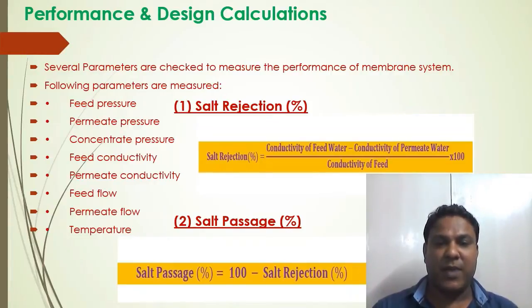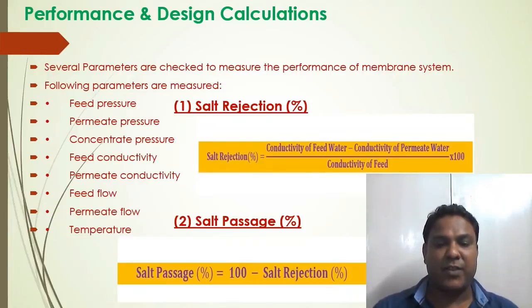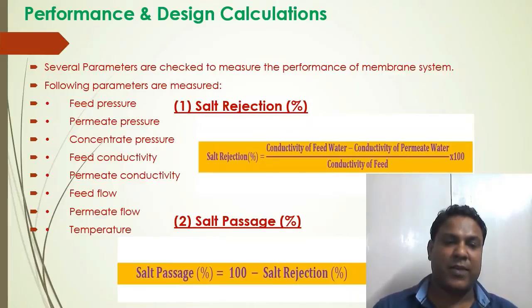An RO system has instrumentation that displays quality, flow, pressure and sometimes other data like temperature or hours of operation. In order to accurately measure the performance of an RO system, we may need the following operating parameters at minimum: feed pressure, permeate pressure, concentrate pressure, feed conductivity, permeate conductivity, feed and permeate flow, and temperature.